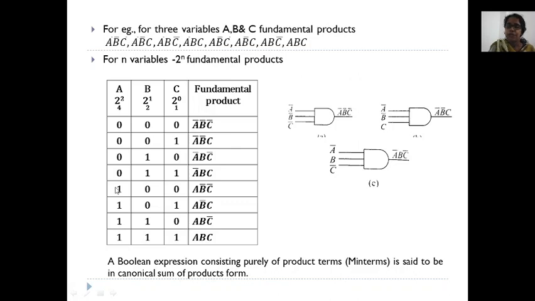Similarly 4, that is the 4 position should be 1, all the others should be 0. 5 is 4 plus 1, so 4 is 1 and 0 and 1. Then 1 1 0 will be 4 plus 2, that is 6, and 1 1 1 is 4 plus 2 plus 1.